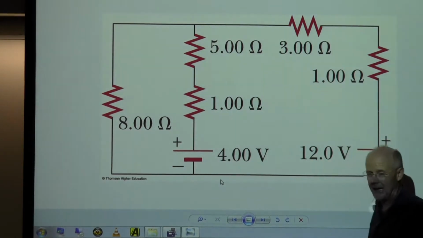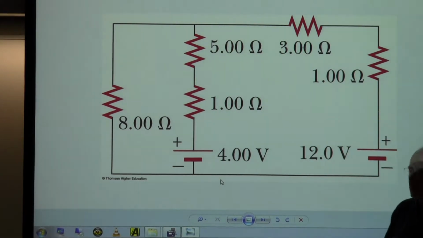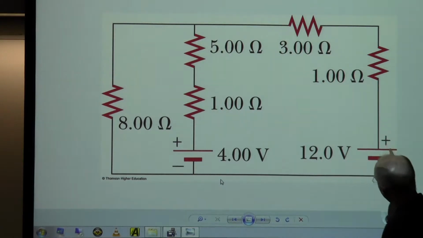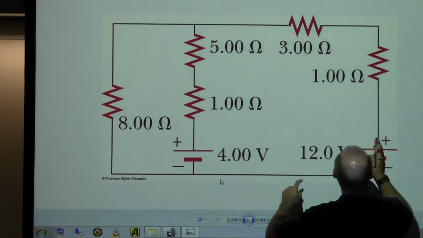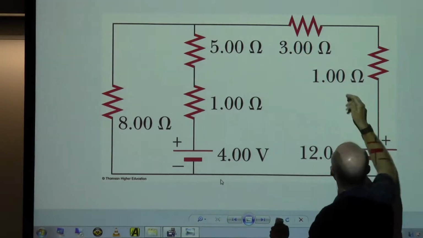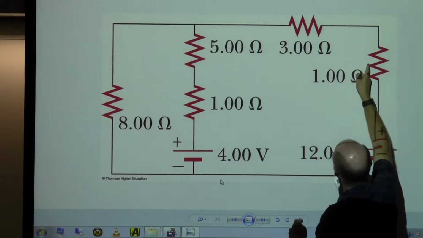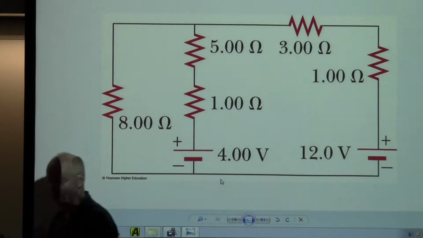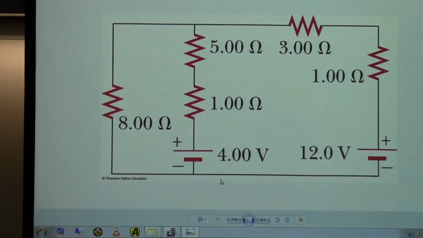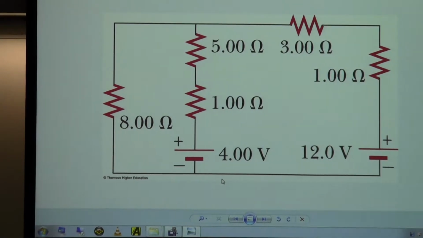Could be wrong. I doubt it. It seems like a good, solid guess that the current is going this way, and it is the stronger battery here, and it's going to push it like that. And so whatever current comes out of this number 1 ohm resistor goes into that number 3. It has no other places to go. So again, I would say those are in series with each other.